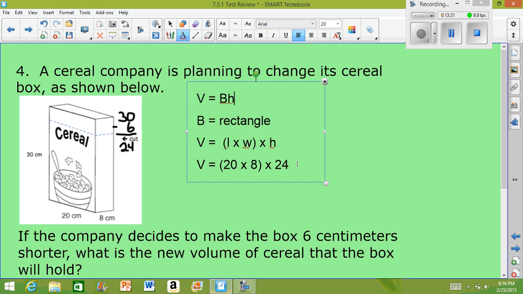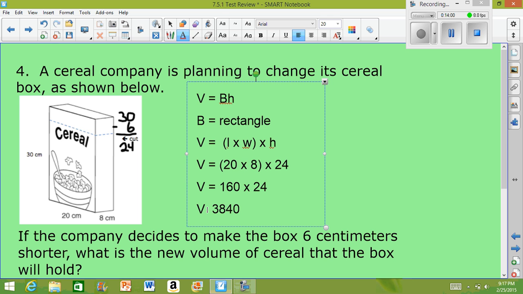So when we multiply 20 times 8, we could think about the fact that it's 2 times 8, which is 16. So that gives us 160 times 24. And when we do that math, our volume is going to be equal to 3,840.